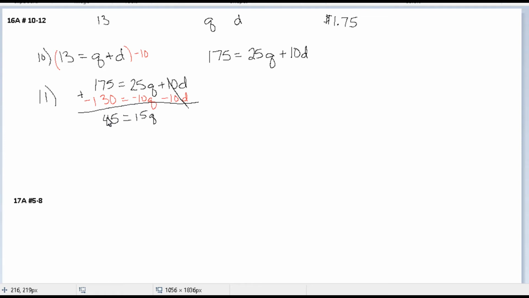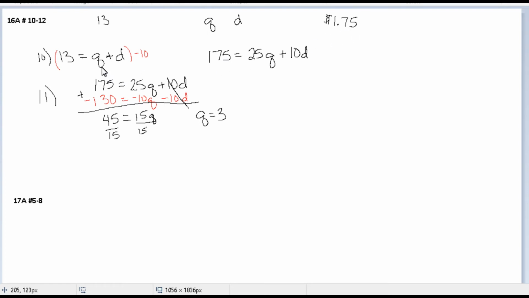Then at this point, I just divide by the coefficient in front of q because I want q all by itself. So I divide by 15 and divide by 15. That makes q by itself is equal to 45 divided by 15 is 3. So there's 3 quarters in my $1.75.